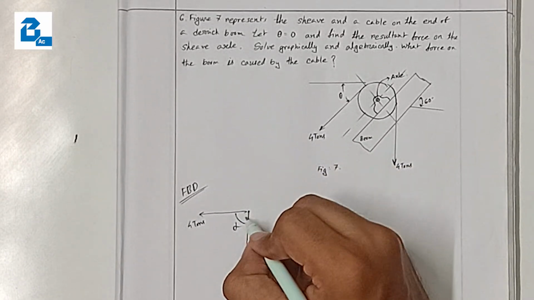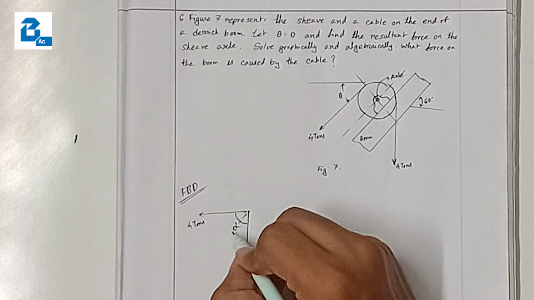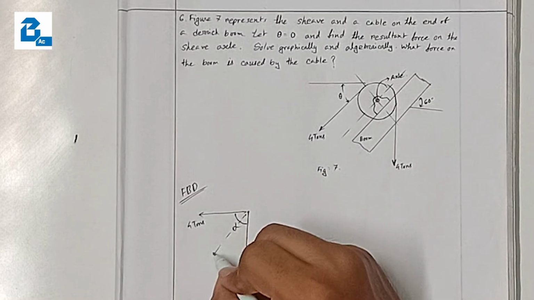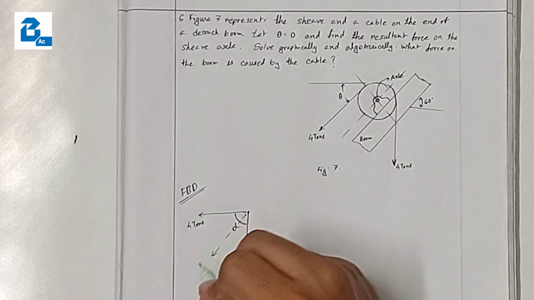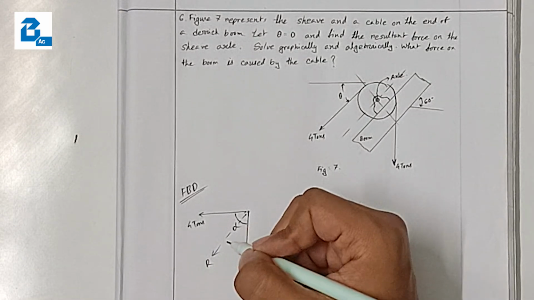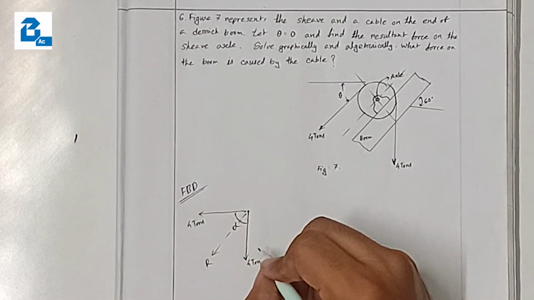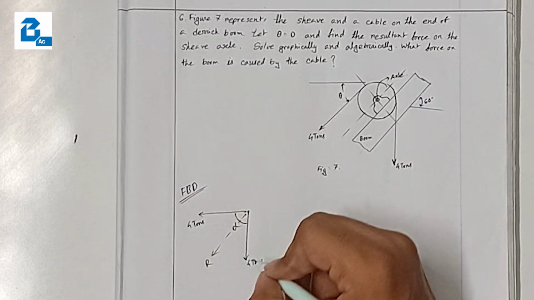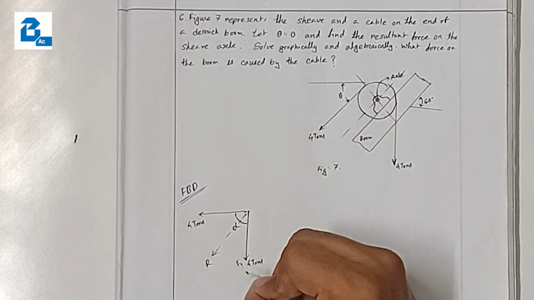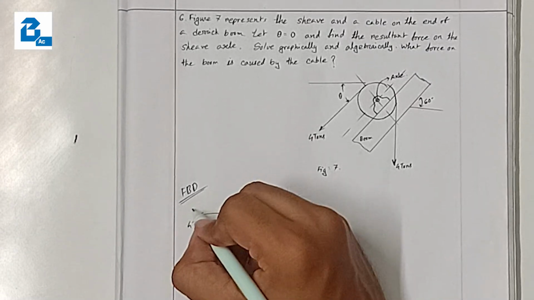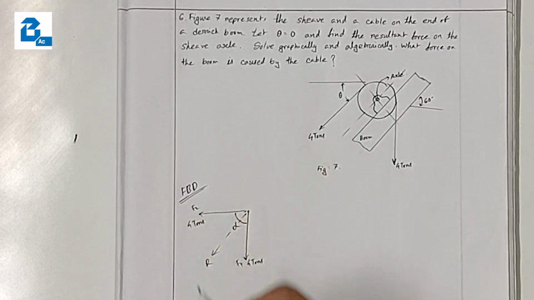So the resultant would be along somewhere in the middle of the two forces. Let's mark it as R. Let's think the vertical force is F1 and the horizontal force is F2.